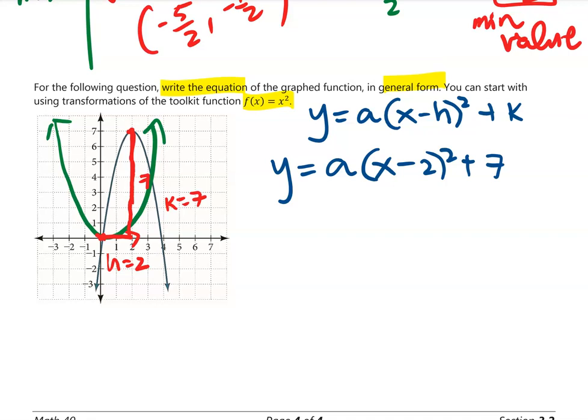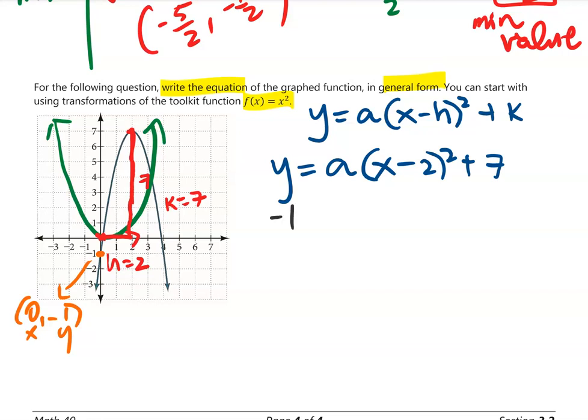And then now, how do we get a value of a? We can use any point that is on the graph. The easiest is if you have a point on the y-axis. Let's use 0, -1. So this is x, y. We plug that in here.